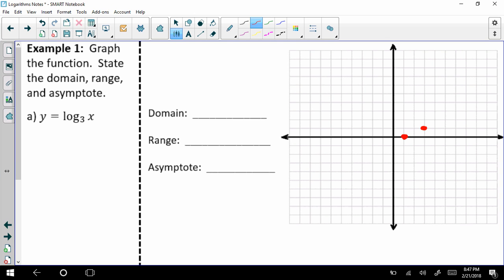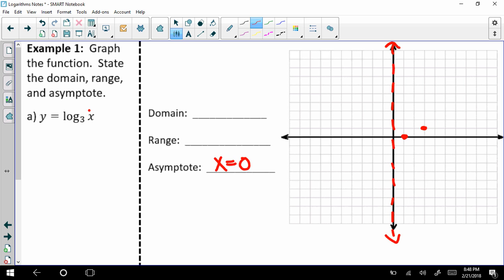Now our vertical asymptote is going to be x equals 0. So we're going to draw that in, which x equals 0 is actually the y-axis. Now how you can tell just by looking at the equation is, remember for exponentials it was whatever that k value was. Well, for these it's whatever is inside here.